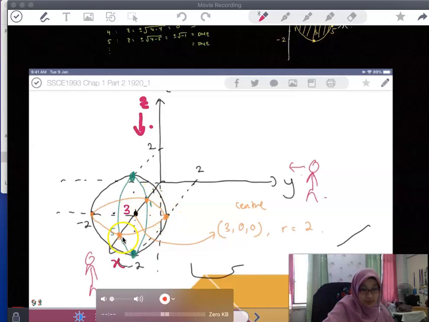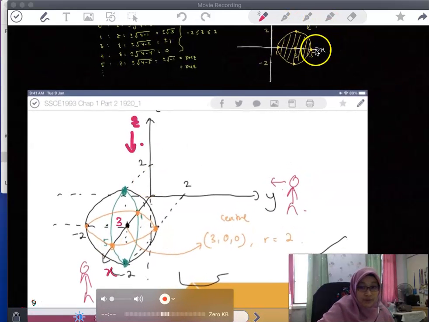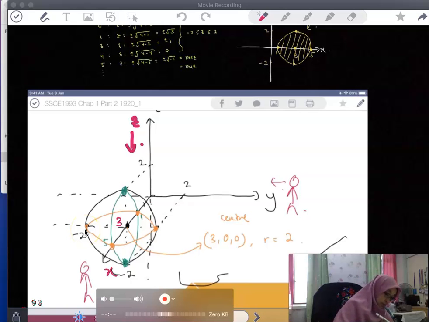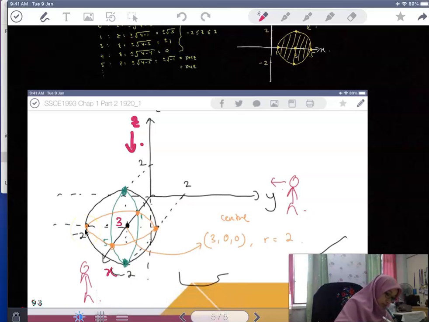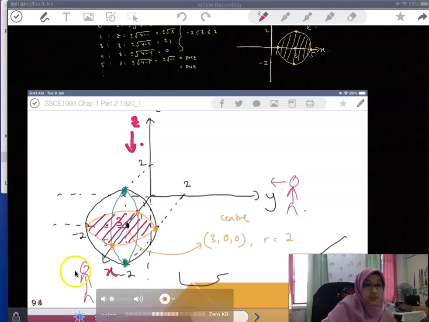So this one, 5, we compare 5 at x, and then 1 on the x-axis, and +2 on y up here, and -2 on y down here. So this circle is actually your domain. The region that you can see from above is only this one.